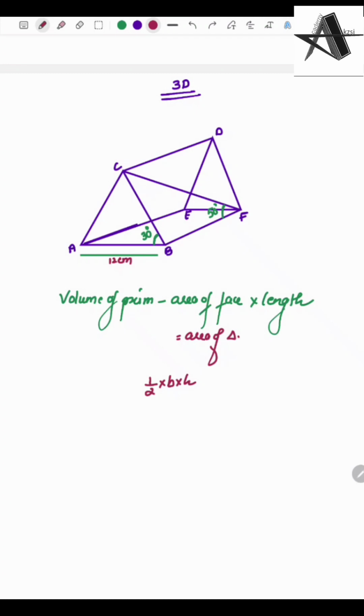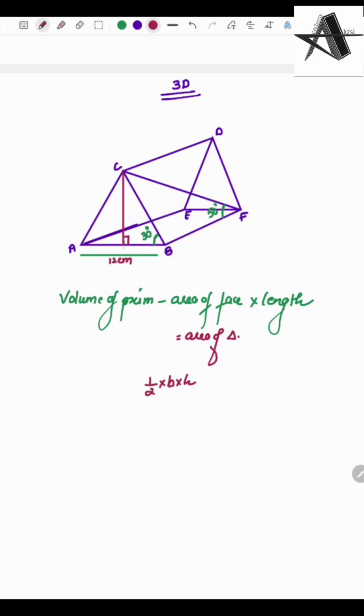To calculate the height, I am dropping a perpendicular like this. This will help me in calculating the height. Height is always your vertical height, which is perpendicular to the base. This is 90 degrees.